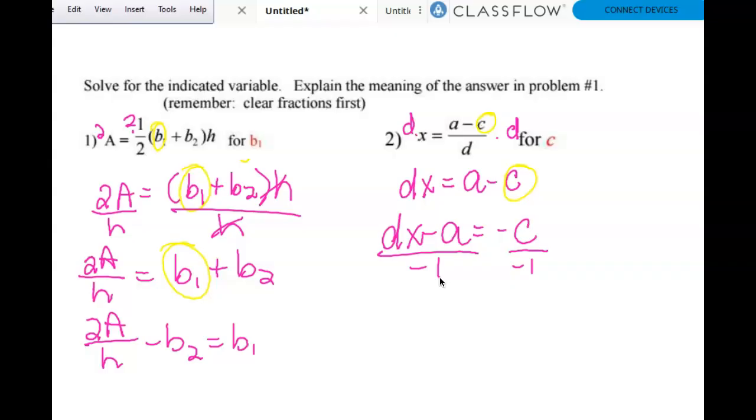So what's dx divided by negative 1? What's a minus a divided by negative 1? Does c see by itself now? Is this the same thing? Yeah. As long as the sign stays with the right thing. That's okay.